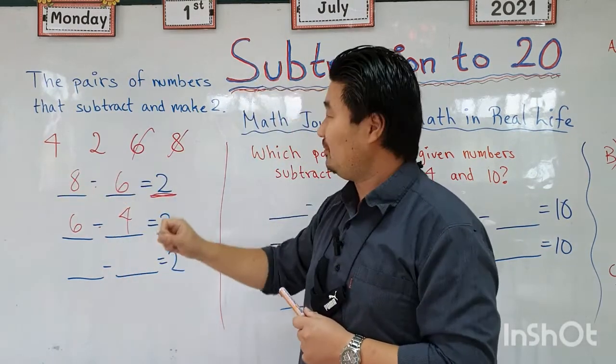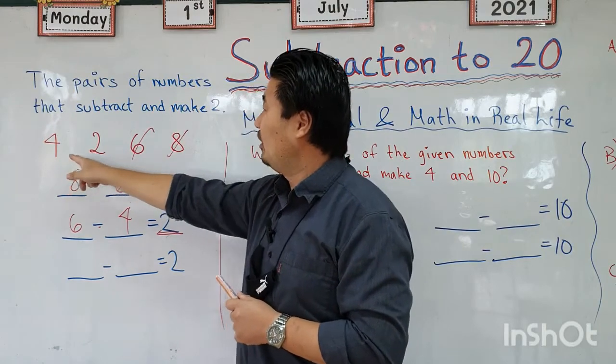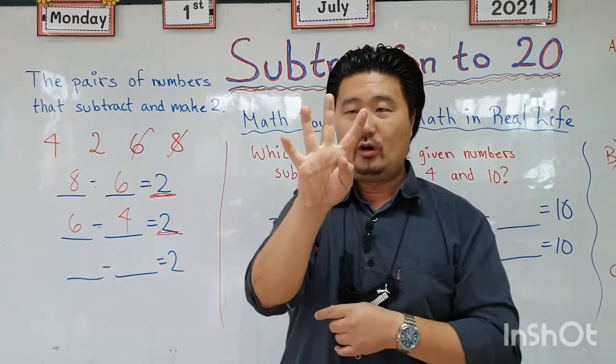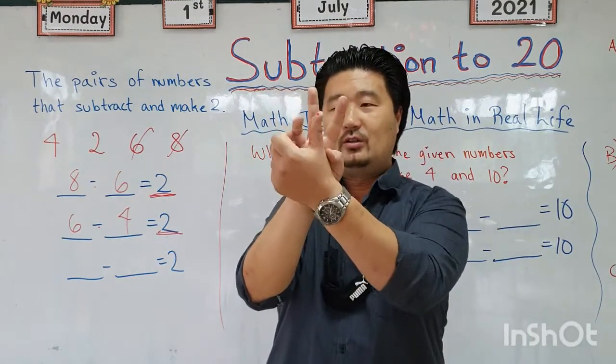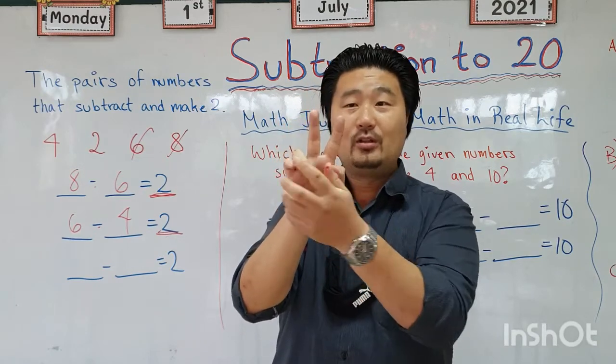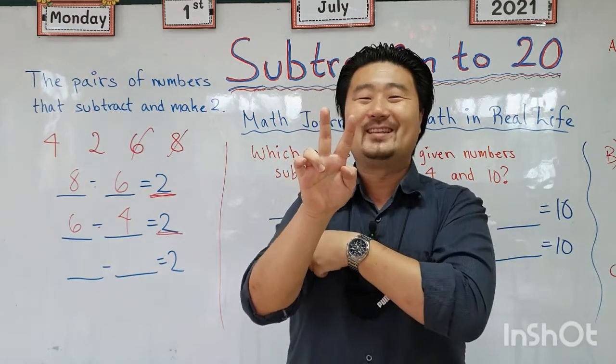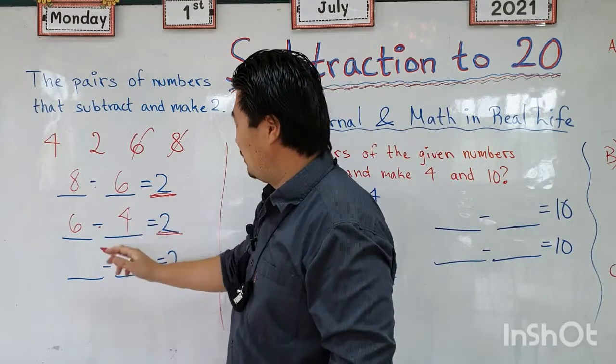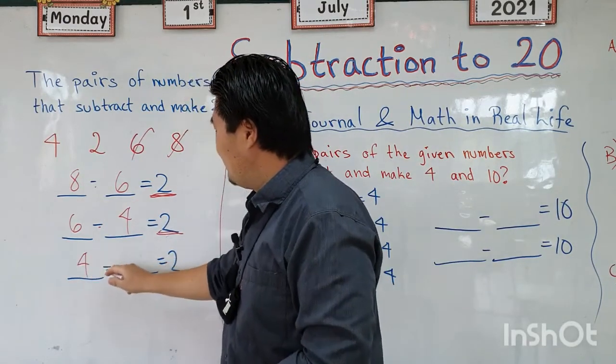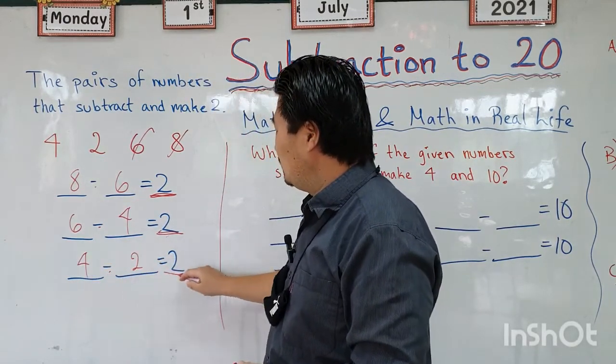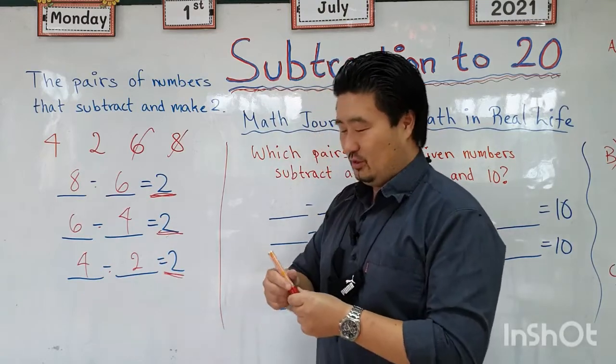Cannot. So let's try 4 minus 2. 1, 2. And then you have 2 left. Yes. So that works. 4 minus 2 equals 2.